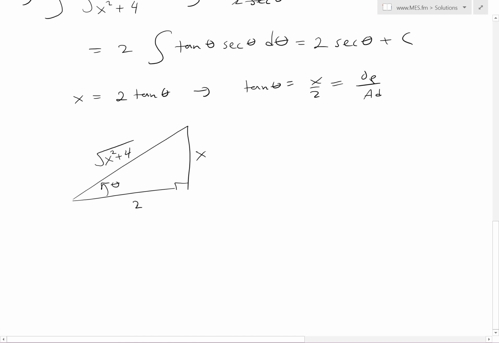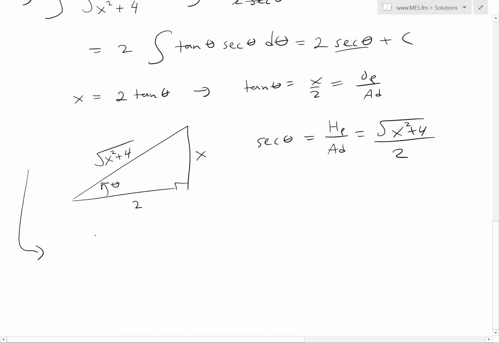So now to get this secant, secant theta is equal to hypotenuse over adjacent, or the flip side of cosine theta. So that equals the square root of x squared plus 4 over 2.